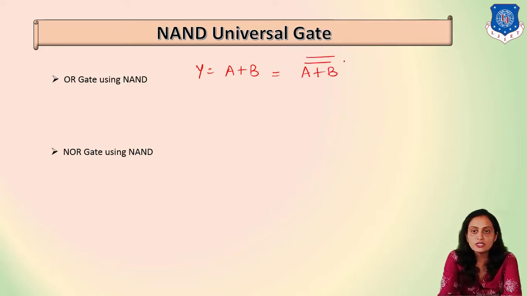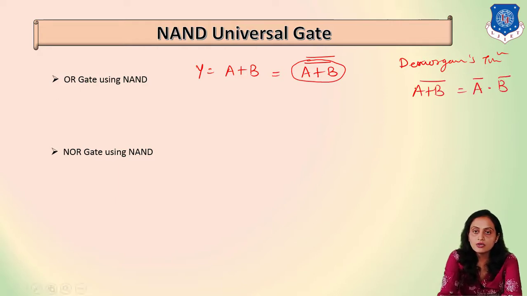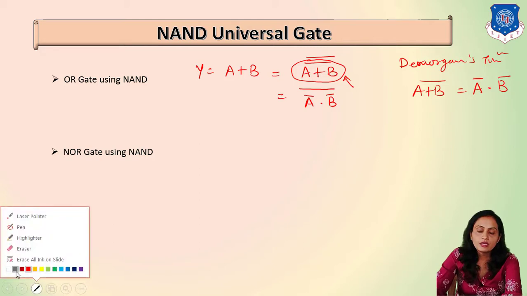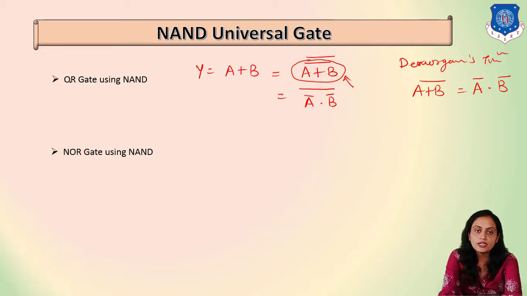It doesn't change the functionality, and I will use De Morgan's theorem for this part. De Morgan's theorem says that A plus B whole bar is equal to A bar dot B bar. So I will put A bar dot B bar for this inner part, and the upper inverse, that is bar, is still there. Now I will draw the logic circuit of the OR gate using the NAND gate.